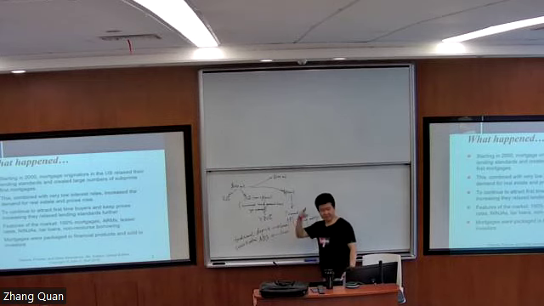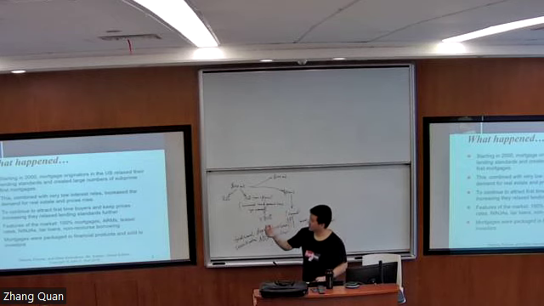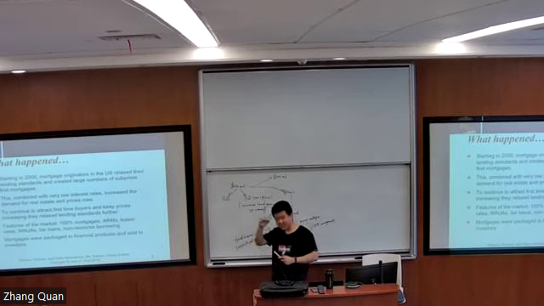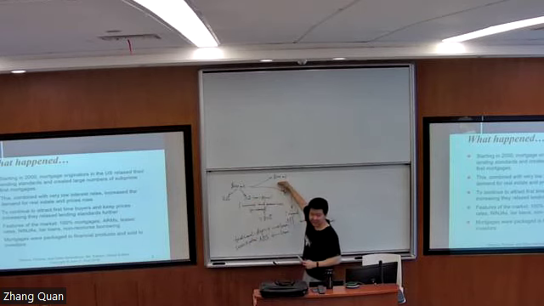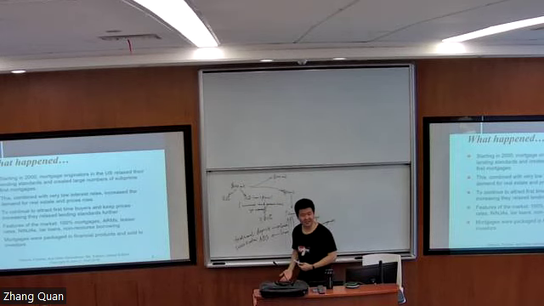And that actually creates one vicious cycle, which is once you relax your lending standard, more and more people come into the housing market to buy a house. And that pushes the demand up, that pushes the price of houses up. And the house price increase lets you feel more confident when you're relaxing your lending standard.